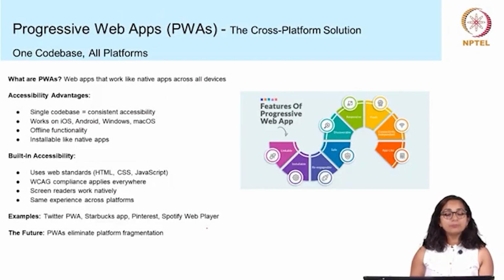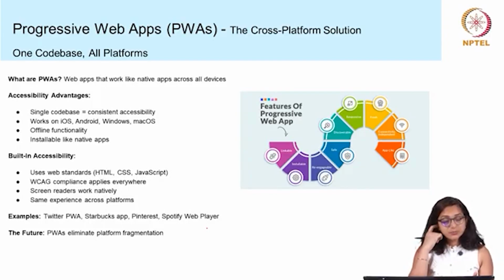Then there is something called Progressive Web Apps, PWAs, the cross-platform solution, which basically uses one code base, but then has some features which enable access across platforms. So what are PWAs? Web apps that work like native apps across all devices.